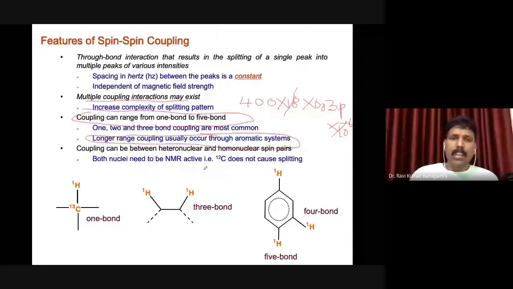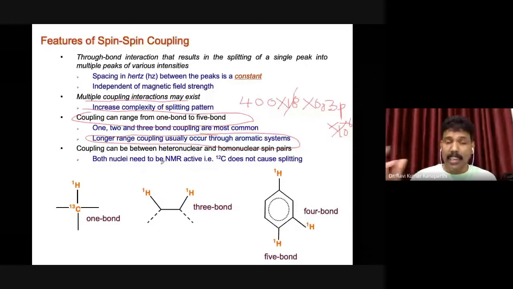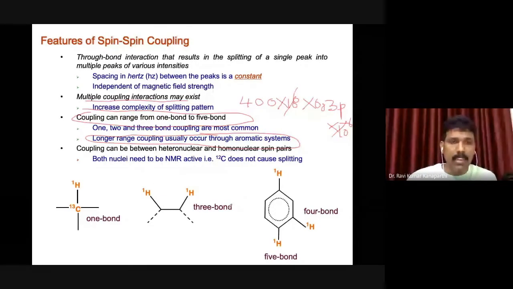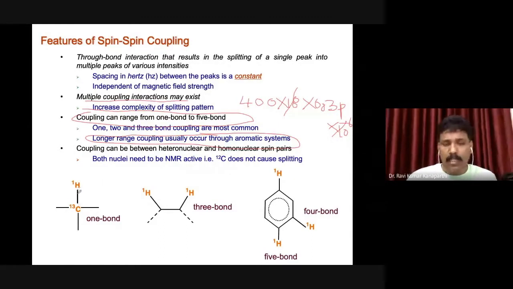Coupling between heteronuclear and homonuclear spin pairs is quite obvious, provided that the heteronuclear must also be spin active, otherwise we don't see any kind of coupling. So 1 bond and 2 bond couplings are shown here. CH coupling, this is 1 bond. It's very difficult to measure the 1 bond coupling.